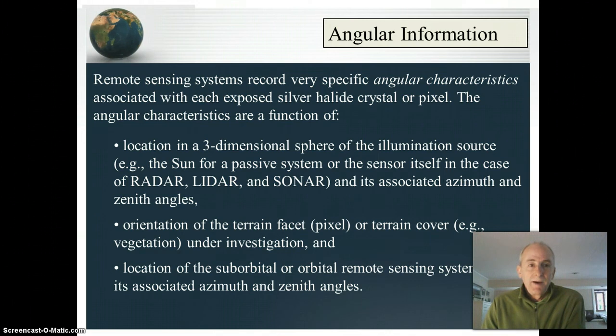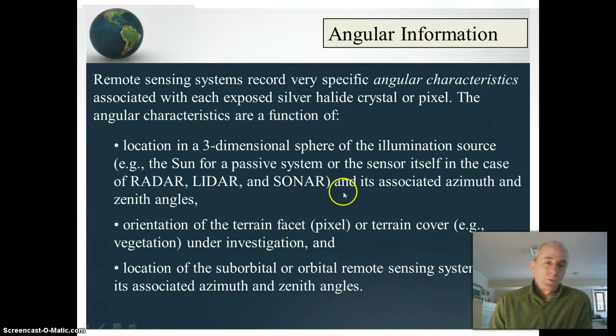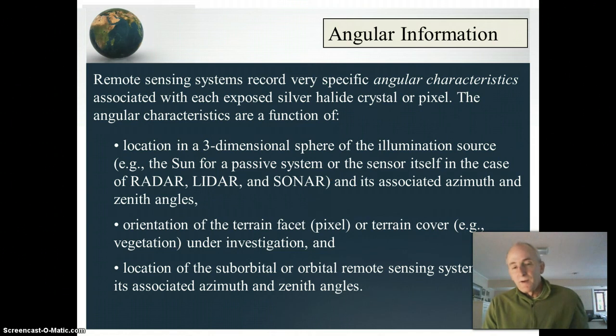So, remote sensing also has a number of angular characteristics to it, and in particular, this comes from the location of the pixel that we're looking at in relation to the sensor, whether it's directly beneath the sensor or out to the side or in front or in back of the sensor as it travels in its path.